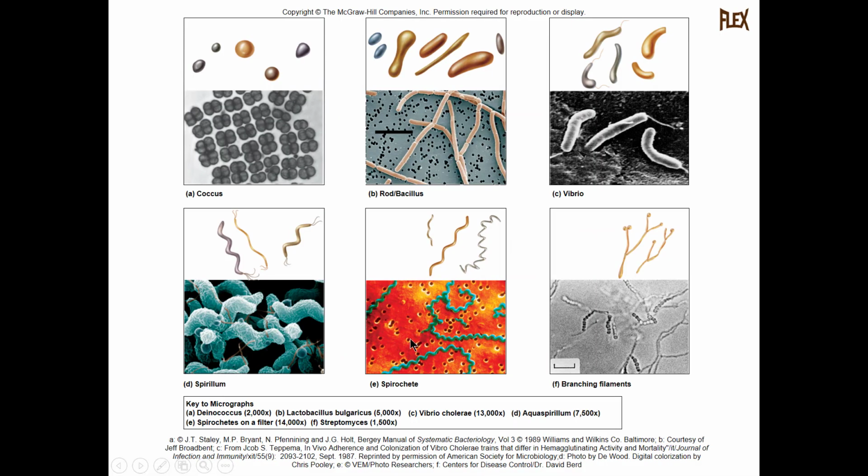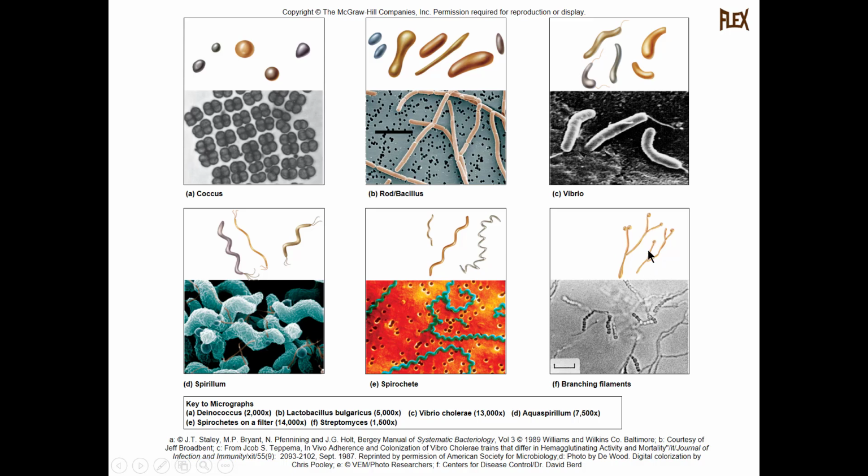This is a figure out of your textbook, and here you can visualize cocci, rod-shaped, vibrio, which are a variation of curved cells, spirillum, spirochetes. These are some of the common curved and then variations thereof.